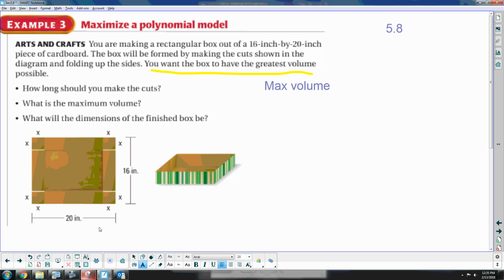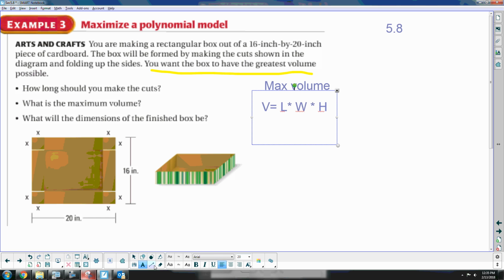So we're going to take this piece of cardboard, we're going to cut little slits in it so that we can fold it into a box shape. And we're going to figure out how far we have to cut in order to give the box its largest volume. So first of all, let's think of what volume is. Volume is length times width times height.